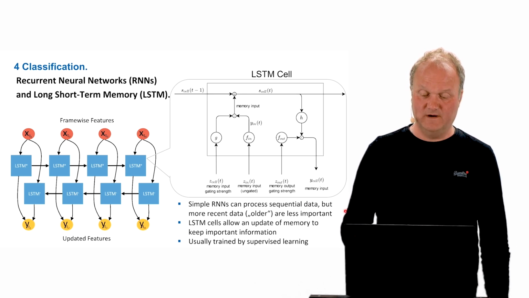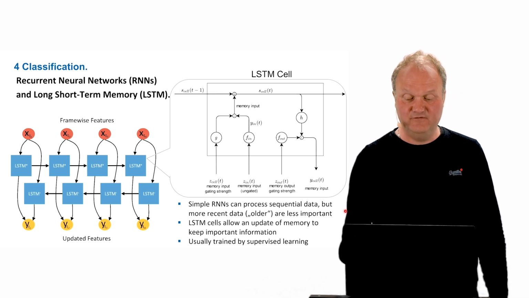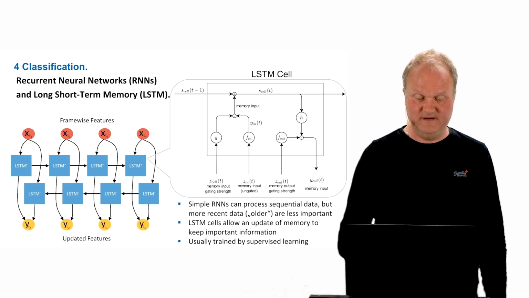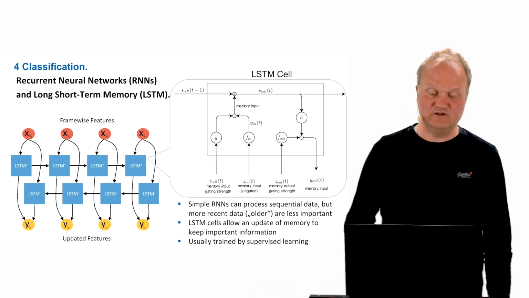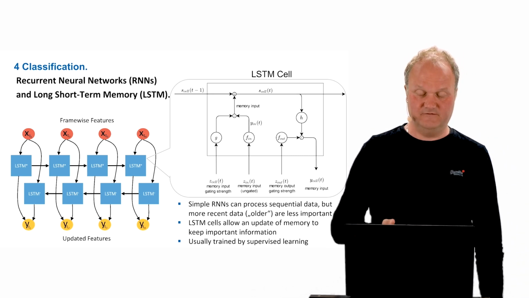The outputs of the forward and backward LSTM network at each time step are then concatenated to yield the updated output feature vectors, which you see here for each time step on the lower end of the picture. And usually such a network is trained by supervised learning algorithms, which requires quite a lot of data.